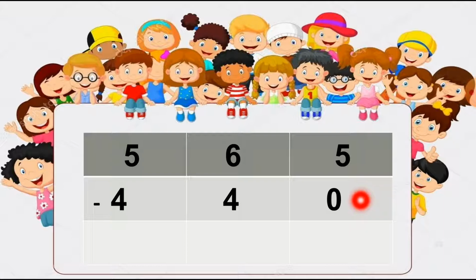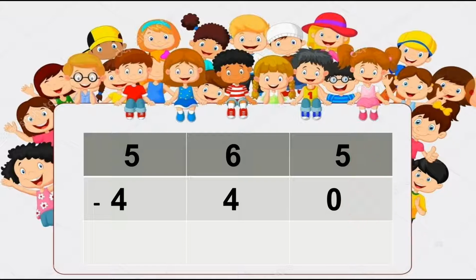In subtraction, you have to check that the big number is always at the top side. But if the bigger number is not at the top side, you must borrow. But here the big number is at the top side, so there is no need for regrouping.